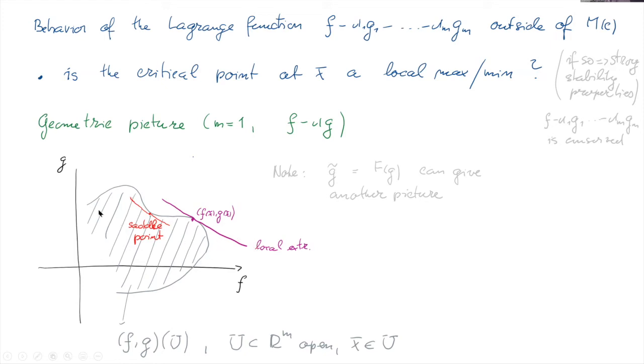So even in this case with two examples, say here with this purple picture, you have the situation which is favorable, where you really have an extremum with respect to all variables, right? The shaded region is the image of our set of X by these functions f and g. If the situation is like the purple one, then we are in good shape: you can touch from the outside, and we have a local extremum with respect to all X. If it is like the red one, then we have a saddle point.